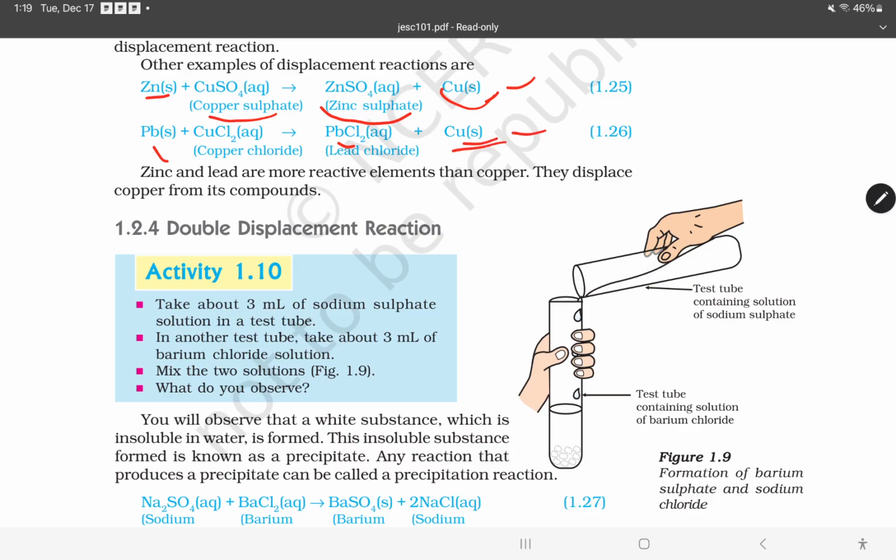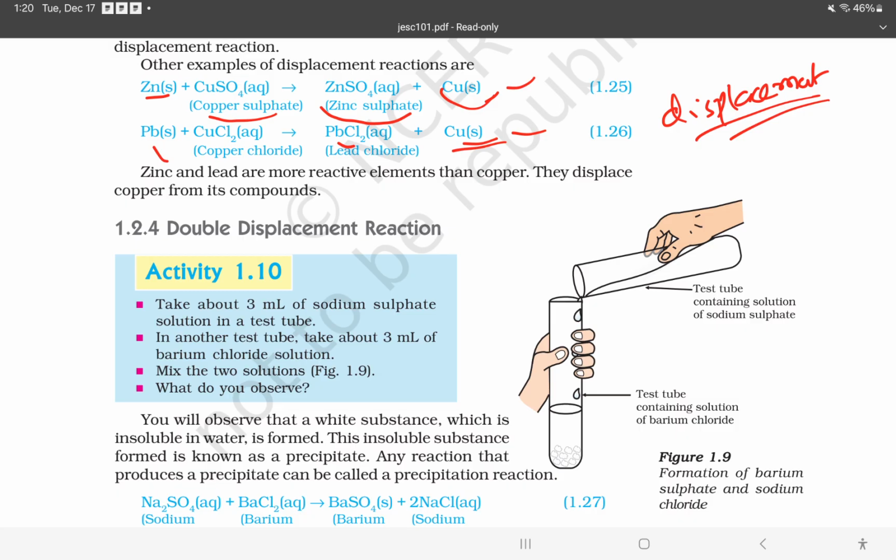In these cases also you can say this is a displacement reaction. The copper is getting displaced from the copper sulfate and it is getting separated, and that copper is accumulating on the nails in the previous experiment.